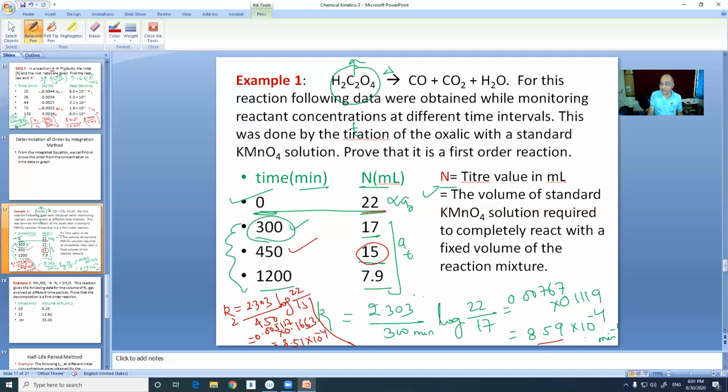Very, very close. So the third value also you find out, that is 2.303 by 1200 log, same 22 in the numerator and the denominator 87.9. You will be getting almost the same, and take the average of these three k values and that will give you the k value. Find, this is done by titration, find the value of k. Somewhere it will be written.